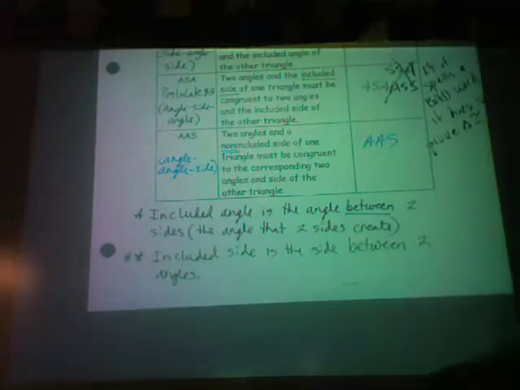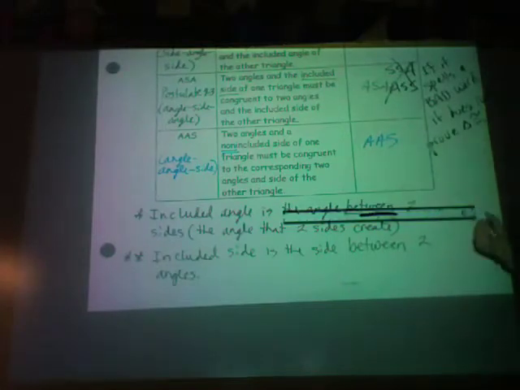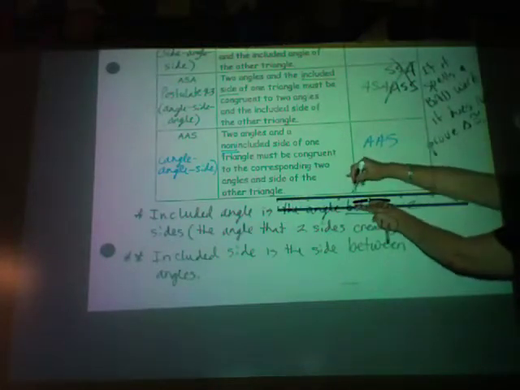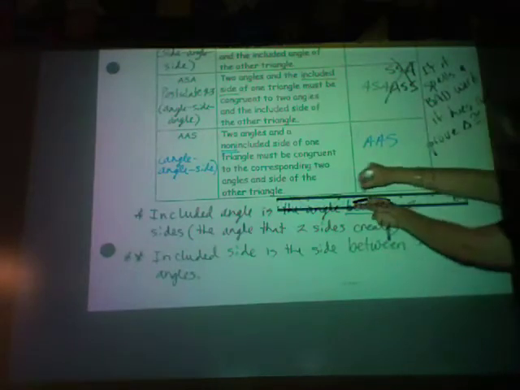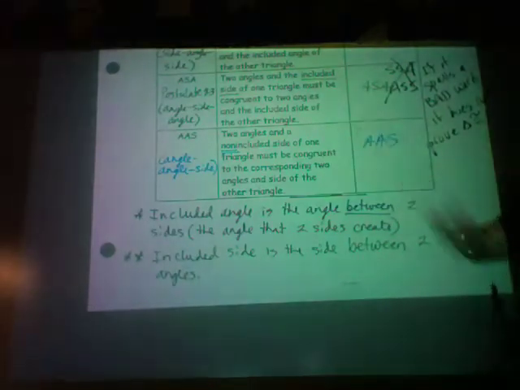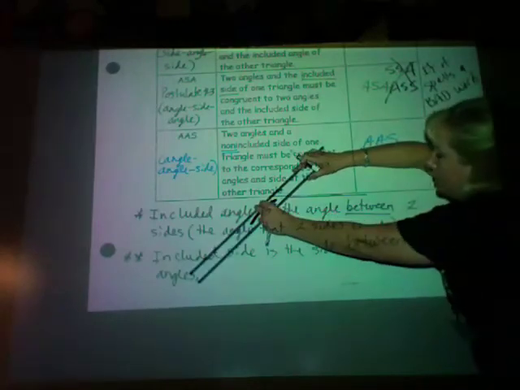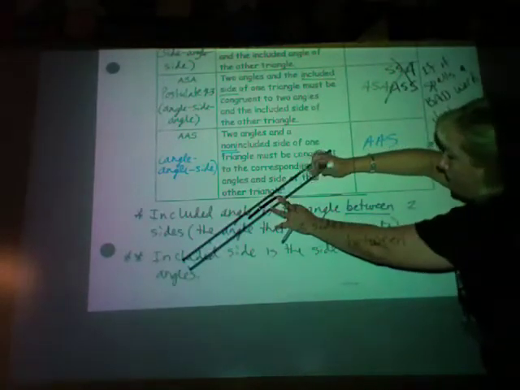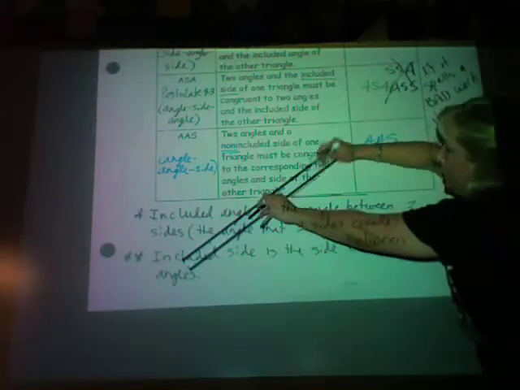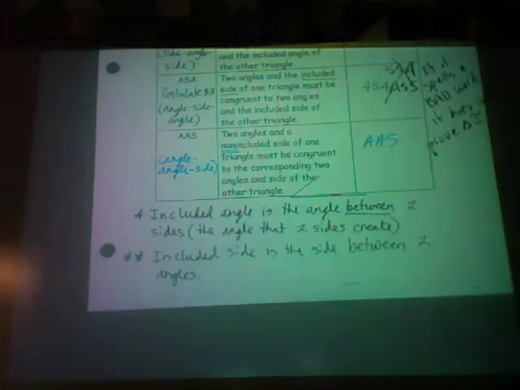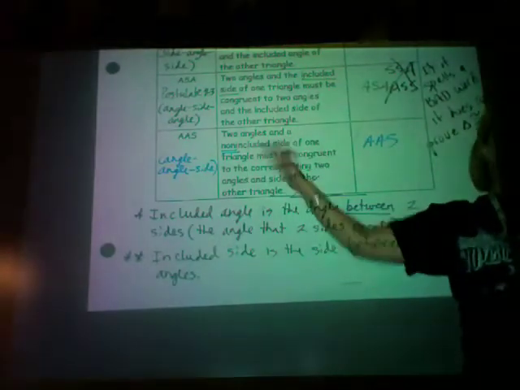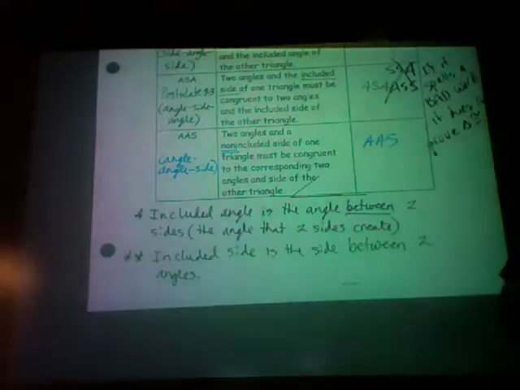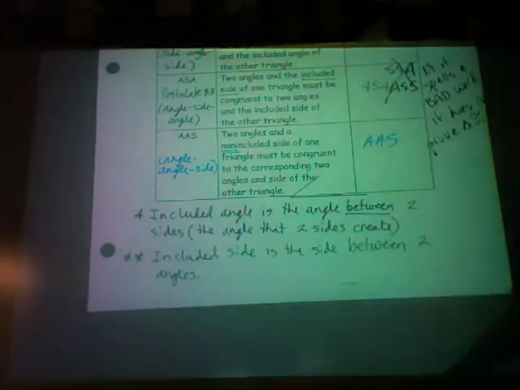Here's why. I'm going to show you why. So if I give you a side, so here's your side. There's a fixed length side right there. And I gave you another fixed length side right here. There's a hinge that can be moved out or in, right? Because the angle that I'm going to give you is not there. The angle I'm going to give you is here.